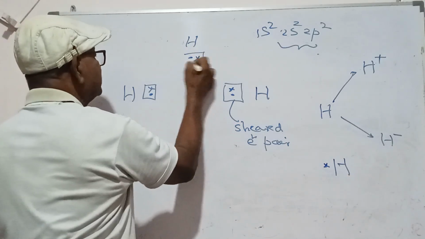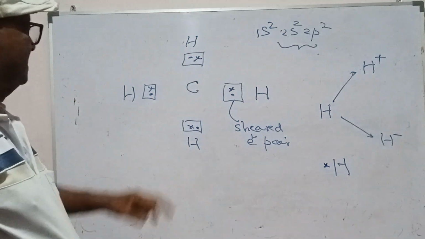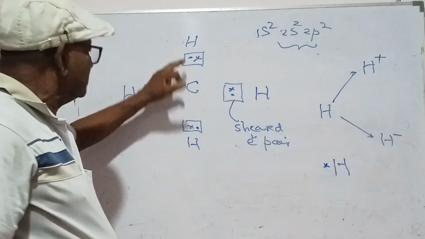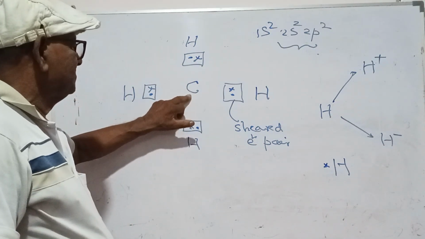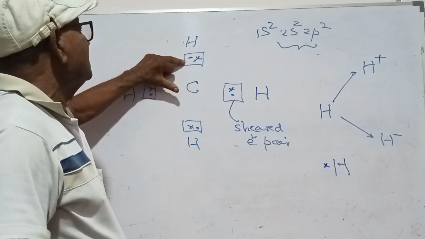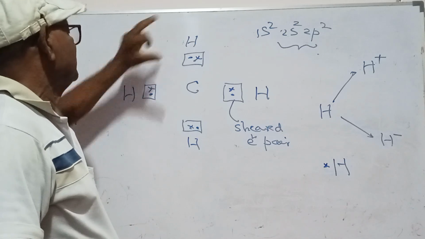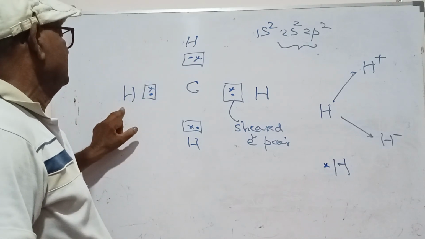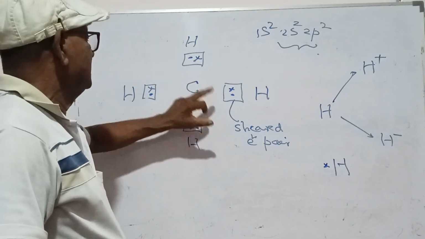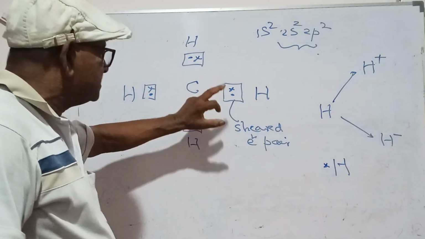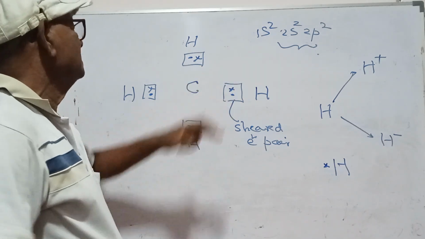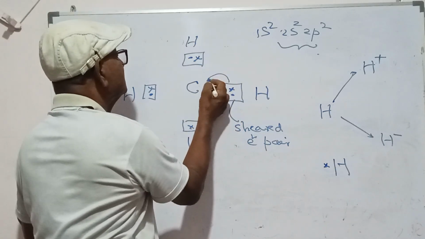These are the shared electron pairs. All the shares belong to carbon, as well as each share belonging to a hydrogen. This share belongs to this hydrogen, and this share belongs to this hydrogen. Similarly, if we consider one shared pair, that pair belongs to both.